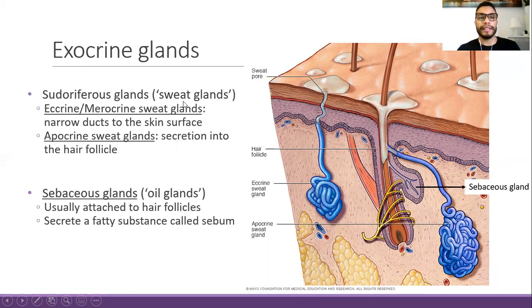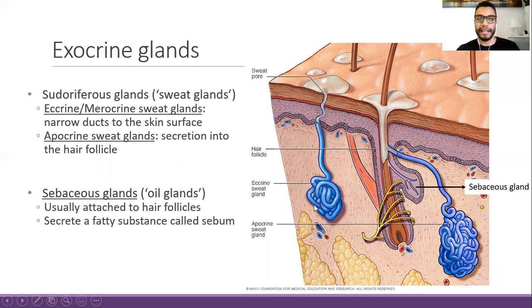They are sweat glands that are classified in two types. We have eccrine or merocrine sweat glands, or sudoriferous glands, it's the same. And we have apocrine sweat glands. The sweat glands secrete a watery substance.